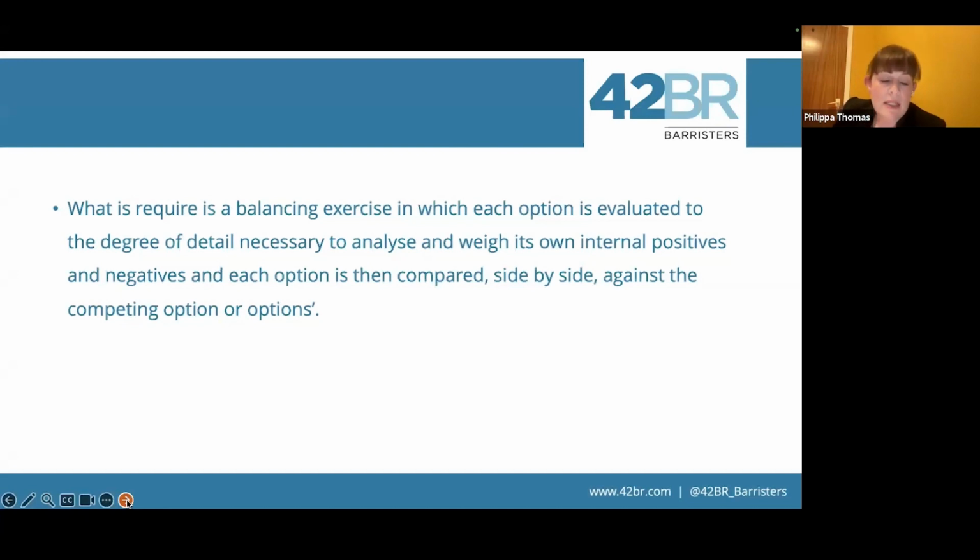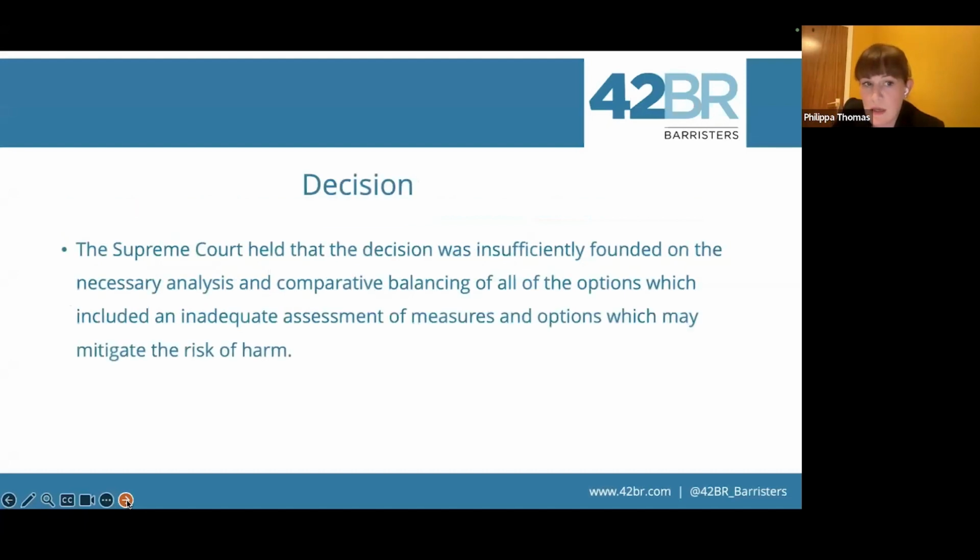Ultimately, this is the case that you need to use to say that they should be providing those alternative care plans to the court. So the decision of the Supreme Court was that the decision was insufficiently founded on the necessity analysis and comparative balancing of all of the options, which included an inadequate assessment of measures and options which may mitigate the risk of harm if the children were to remain at home.